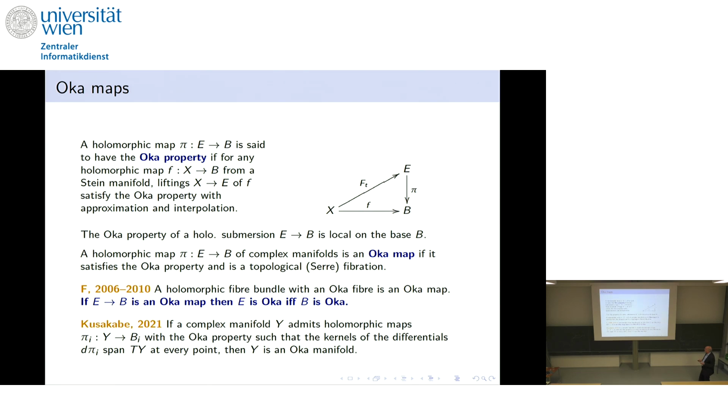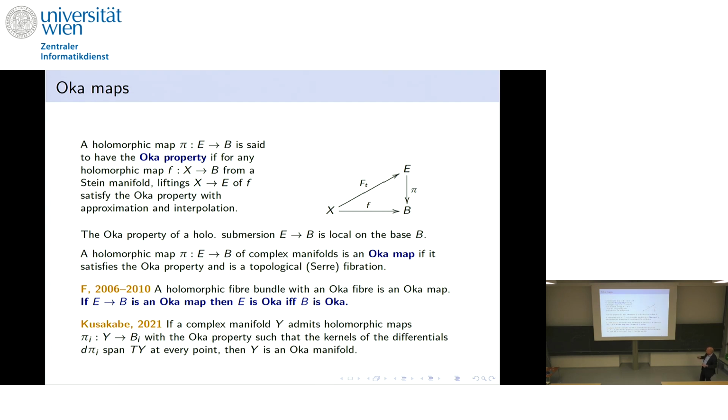So here what we need to know for the rest of the talk is this theorem that a holomorphic fiber bundle with an Oka fiber is an Oka map. And even more importantly is this in blue. If you have an Oka map, for example, a fiber bundle with an Oka fiber, in particular a covering map, then the bottom and the top manifold are Oka at the same time. One is Oka if and only if the other one is Oka.